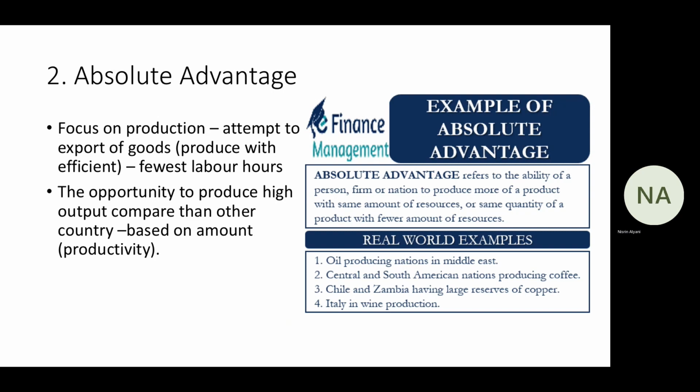So Thailand has the absolute advantage in rice, meaning Thailand can focus on exporting rice. They can produce a high quantity of rice quite cheaply, and then export to Malaysia or other Asian regions.